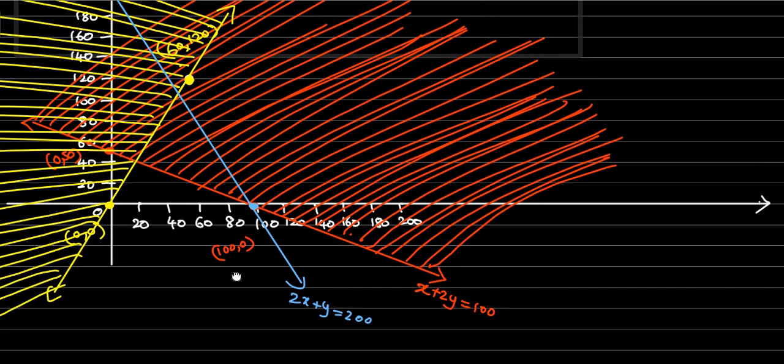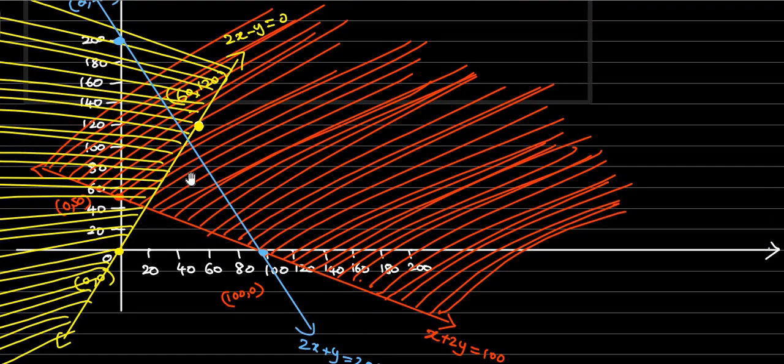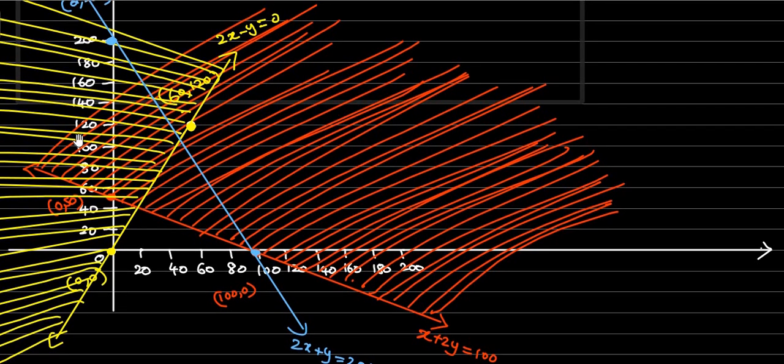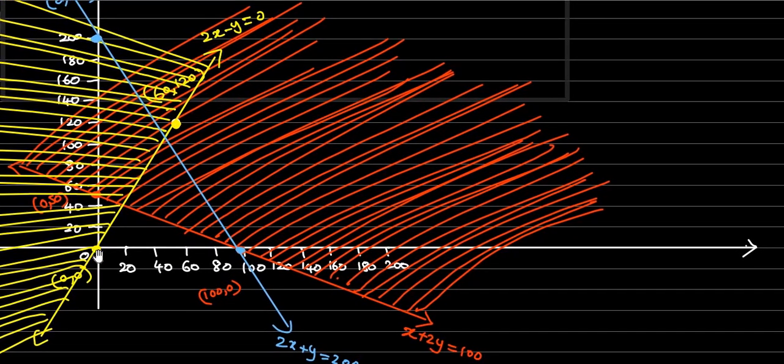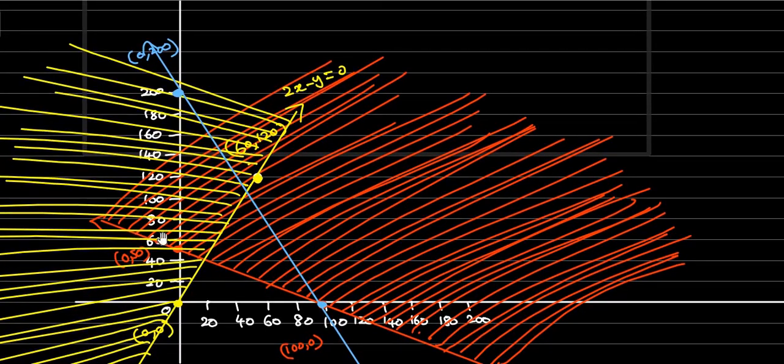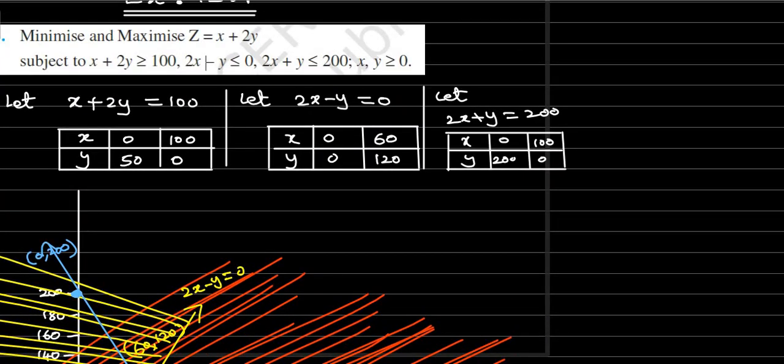Now after drawing this blue line, we can see the graph is dividing into a right side and a left side. We have to identify which side has the solution. So let me substitute 0 comma 0 in the third inequality. 2 times 0 plus 0 is 0. Yes, 0 is less than or equal to 200, right?